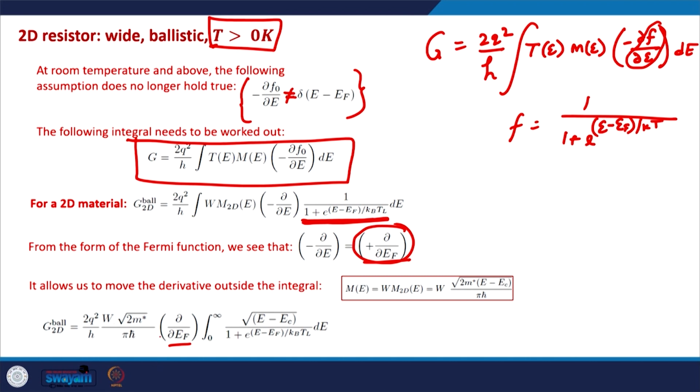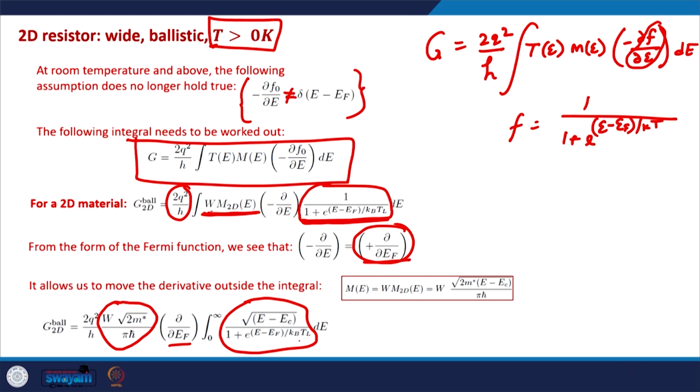So inside the integral, what is left is terms involving this m2D(E) function, the number of modes in a 2D conductor, and this Fermi function. Apart from these terms, the rest were constants, and these constants come out of the integral.